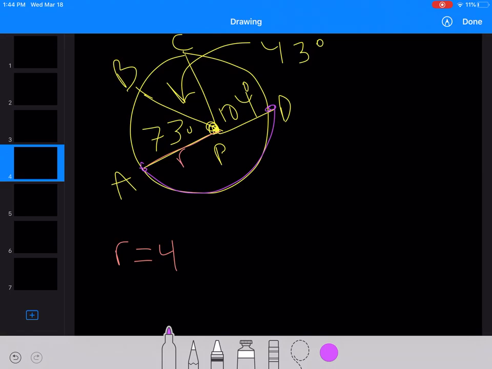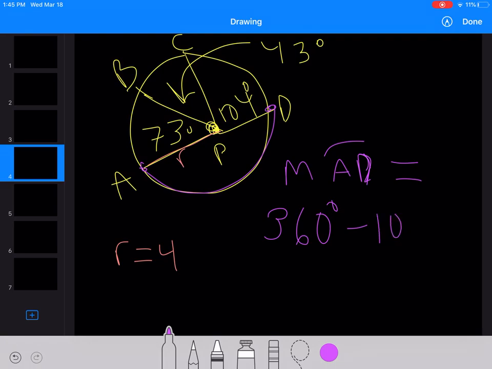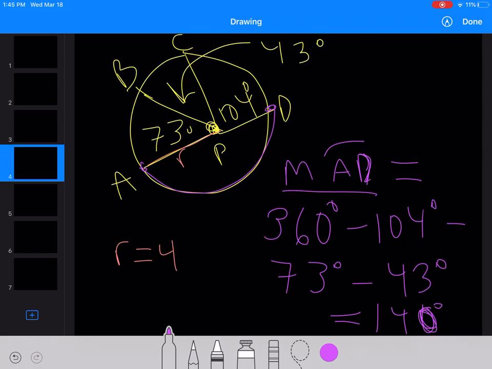All we have to do to find the measure of AD is take the total of the circle in degrees, 360 degrees, minus those central angles given to us: minus 104, minus 73, and minus 43. So we'll get the measure of AD equals 140 degrees. So not quite 180. That's going to be the measure of AD.